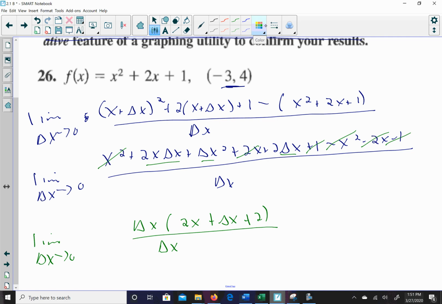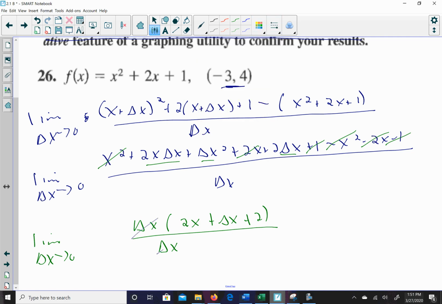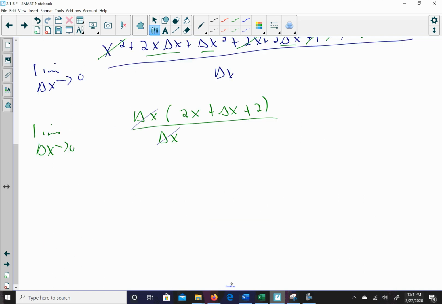Very conveniently, the delta x's simplify. If they don't simplify, you did something wrong. So then I have the limit as delta x approaches 0, and I'm left with 2x plus, in place of that delta x, I'm going to write 0, plus 2. So my derivative, the equation of my derivative, is going to be 2x plus 2.